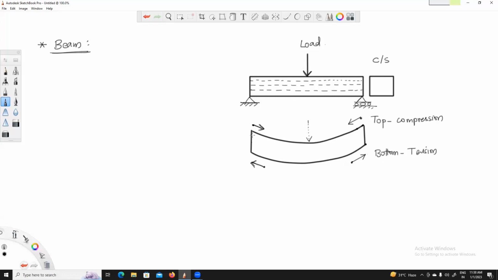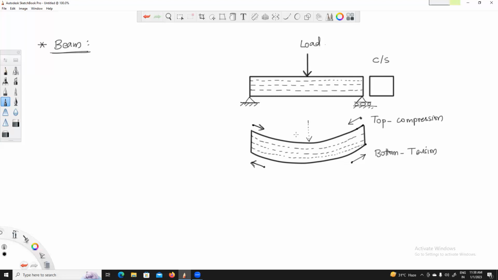Now if you look at the fibers in the middle, between the top layer and bottom layer, I have drawn three such fibers over here. Look at these three fibers. By logic, the top layer is under compression and the bottom layer is under tension.